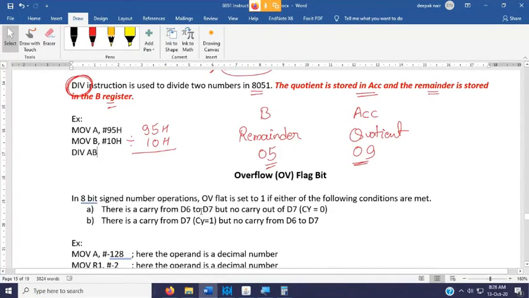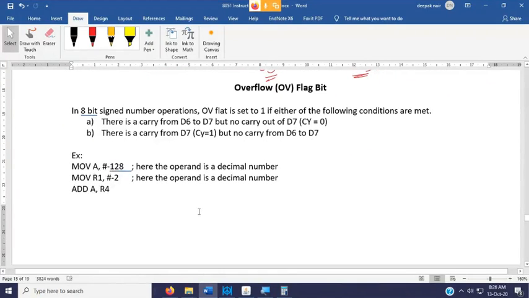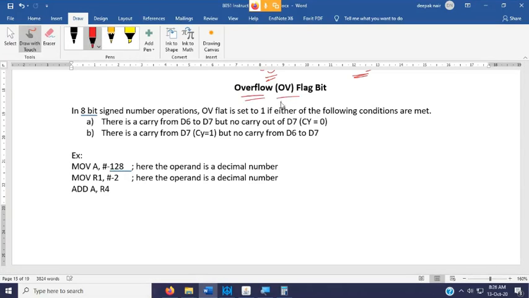Now coming to one important flag which I said we will discuss later. That flag is overflow flag. Okay. Overflow flag is different from the carry flag.